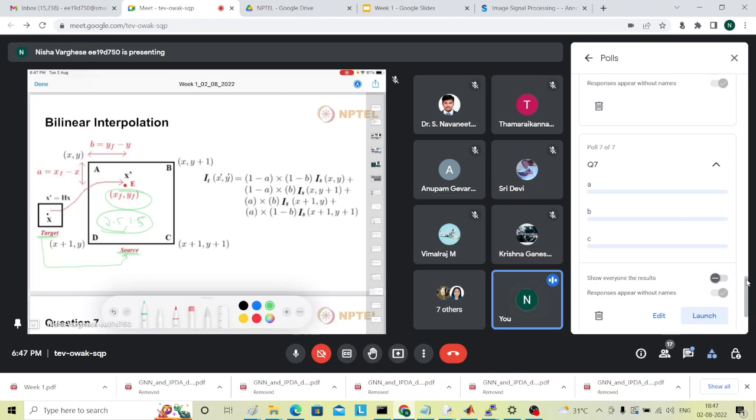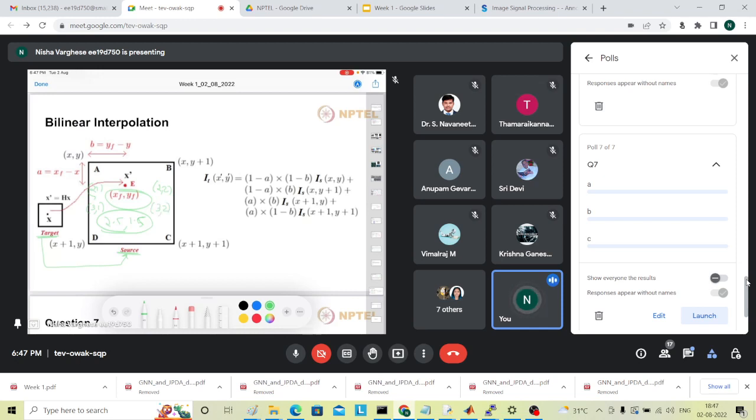So you have to find out four neighboring pixel coordinates. For 2.5, 1.5 the neighbors will be 2, 1; 2, 2; 3, 1; 3, 2.